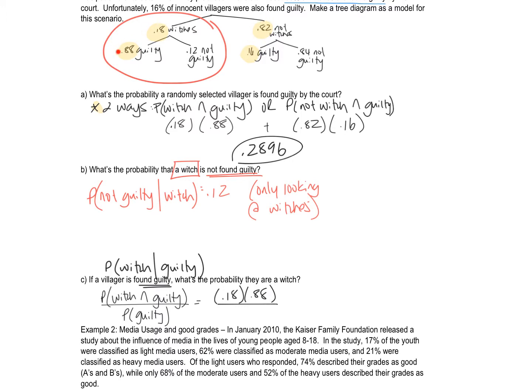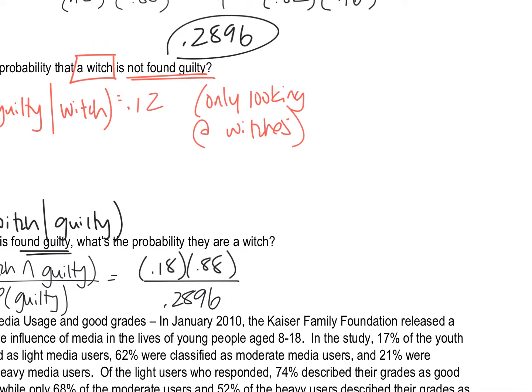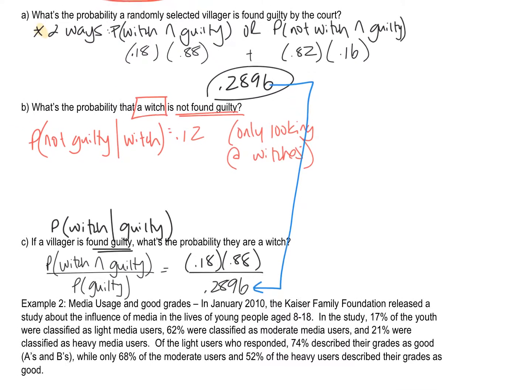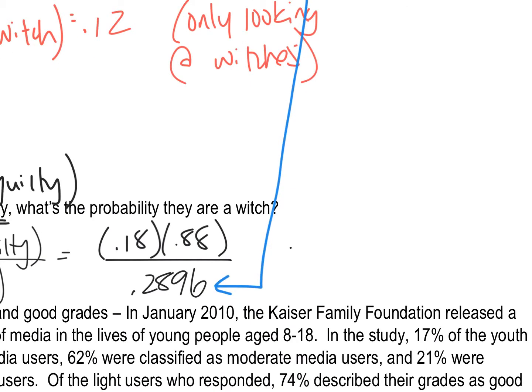So those yellow highlighting things are exactly what my denominator is asking about. And that answer was 0.2896. I already crunched that number, so I'm just going to pull that from down here. You can make a little note about that. Anyway, so pop that number into your calculator, 0.18 times 0.88 divided by 0.2896. It gives you 0.547.